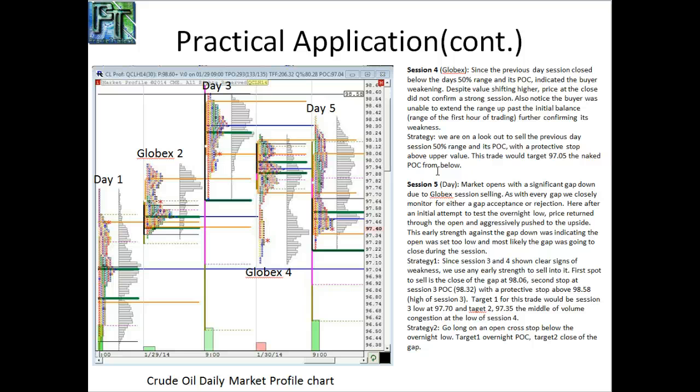If the gap is accepted, you're gonna get an immediate drive in the direction of the gap. In this case, you would have seen a very big push down if the gap was accepted. If the gap is rejected, then as it is the case here, market has a tendency to go close the gap.